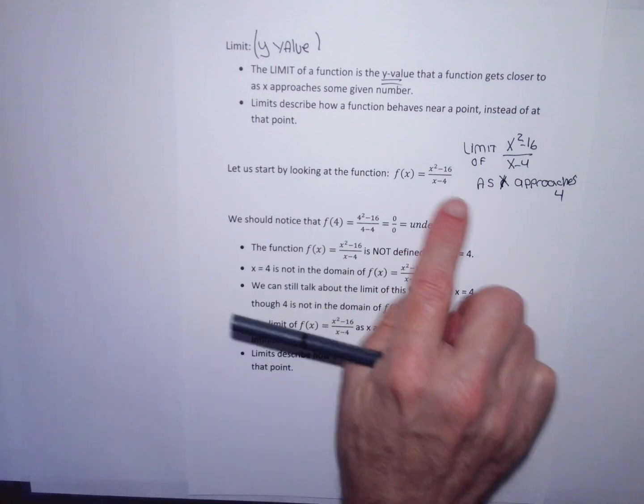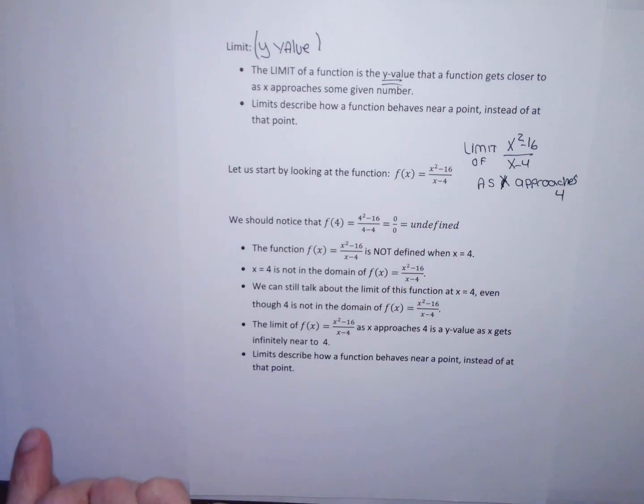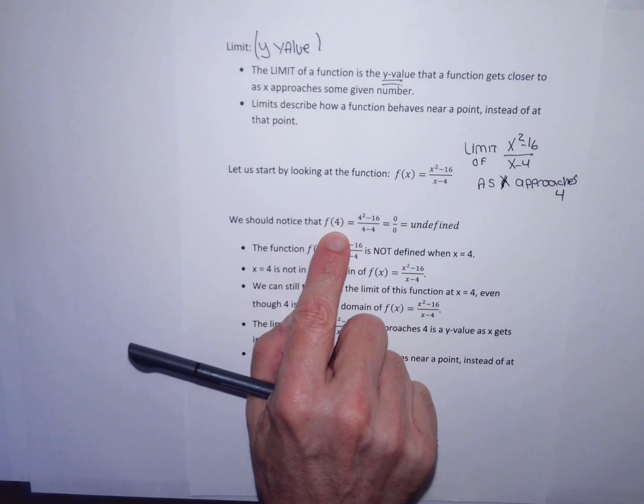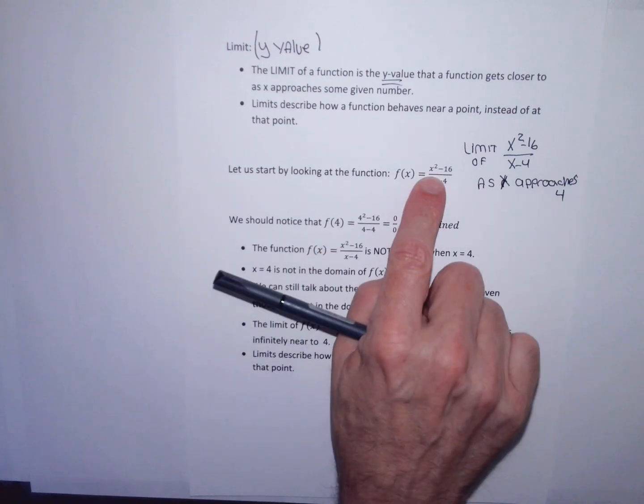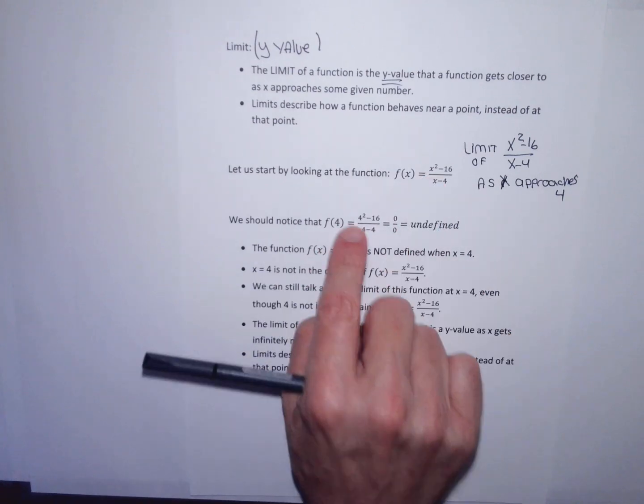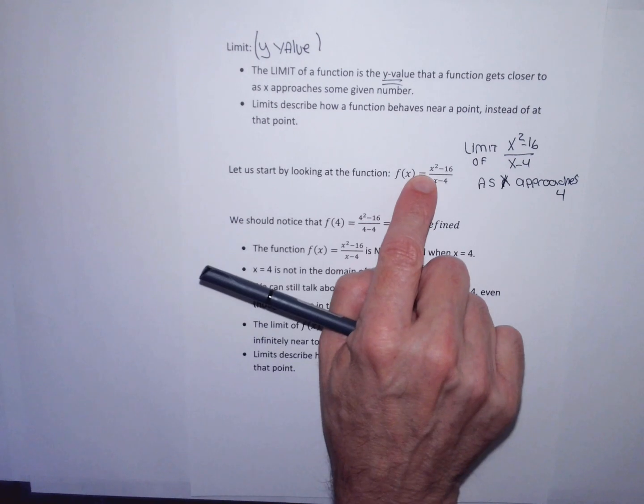So we're going to look at this function. First of all, I want us to notice that this function is undefined at f of 4. I'm just trying to set some stuff up to make the lecture flow a little bit better, to set up some knowledge that we need to have to understand the concept of limit. So if I plug 4 in for each of these x's, in the numerator I get 4 squared minus 16, changing that x to 4.